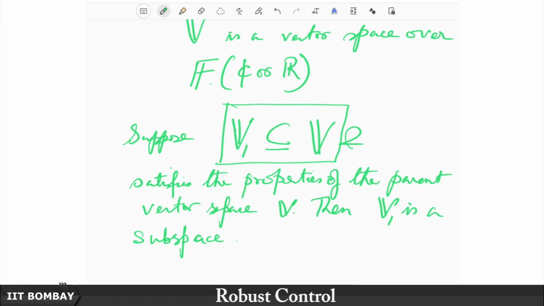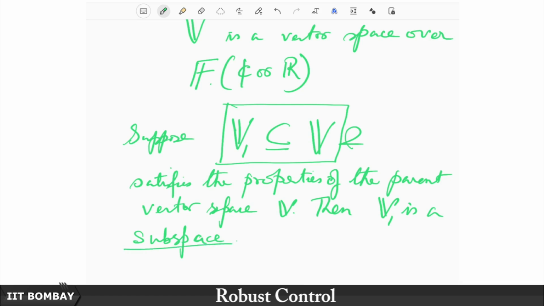So, it must inherit exactly the same operations that are defined over V. The same scalar multiplication and vector addition, it inherits from V, it is a subset of V, and it satisfies the properties of being a vector space in its own right, subject to those operations that it has inherited from the parent space. If all these are true, then V1 is not just a subset of V, but V1 is also a subspace of V. Okay. So, that is the important bit.